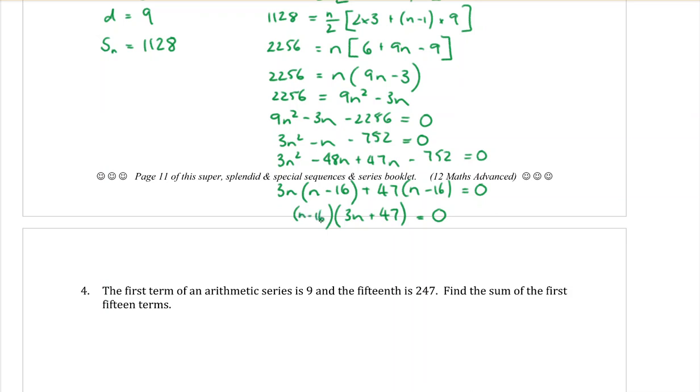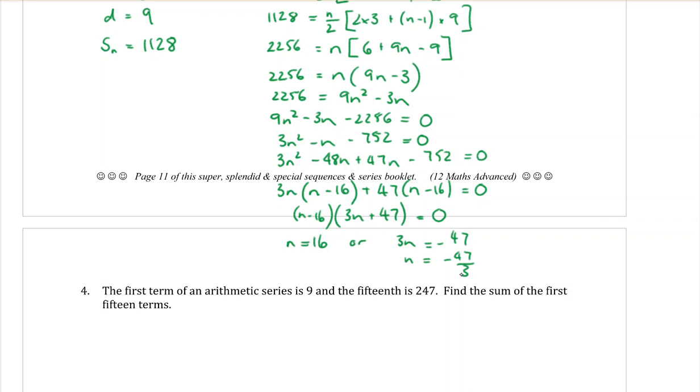Okay, to solve that using the null factor, from the first bracket, you will simply get n is equal to 16. And from the second bracket, you would get 3n equals -47, and you would divide by 3, which unfortunately doesn't go nicely, but more to the point, it's a negative number.